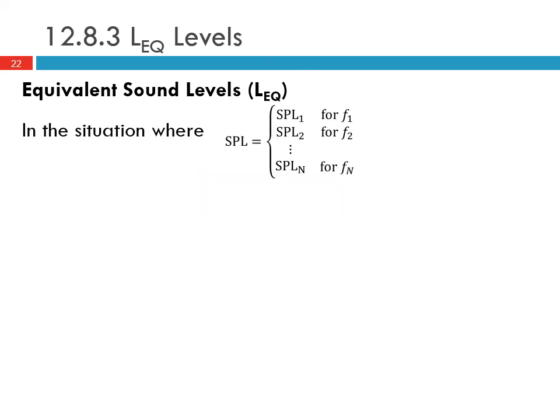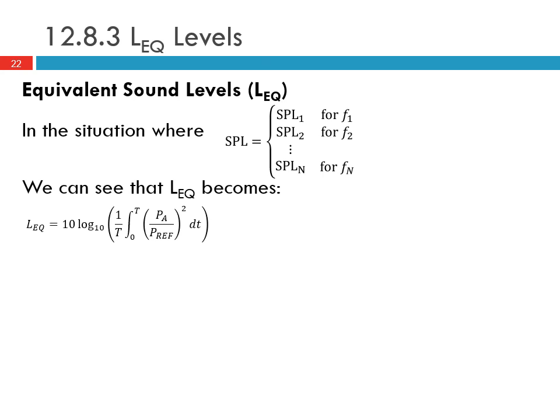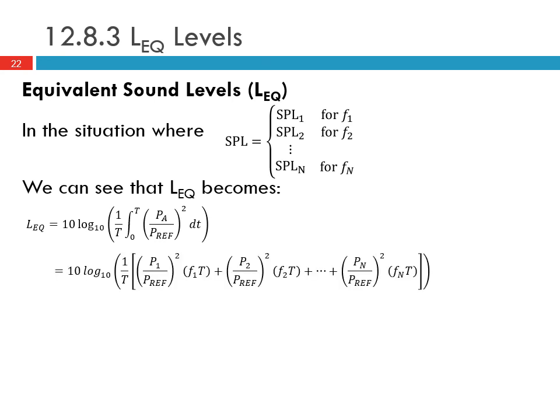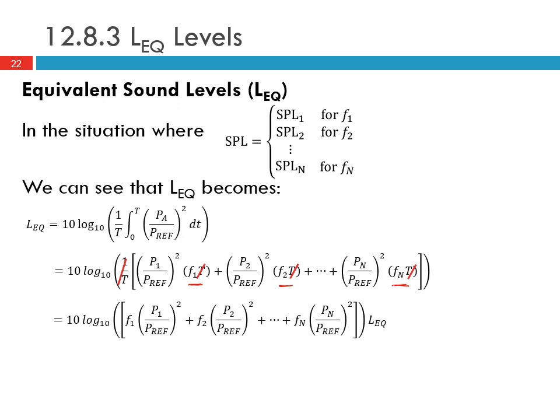So in this situation where SPL is equal to SPL1 for F1, SPL2 for F2, up to SPLN for Fn, we can write this LEQ, this equivalent sound level, as 10 log 10 of 1 over T, integral from 0 to T of PA over P ref squared, which we can then write in terms of these F1 T, F2 T, these fractions of time. And we can cancel out the T in all of these and see that we get this expression here.